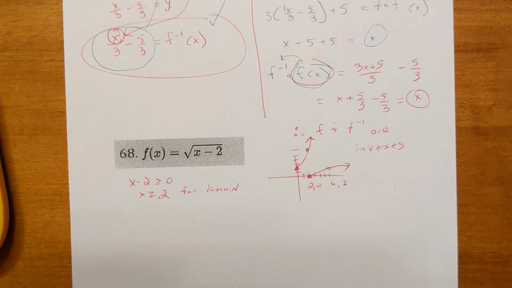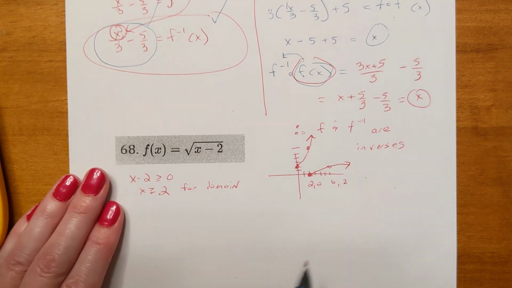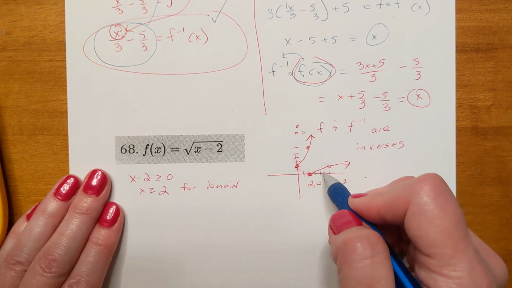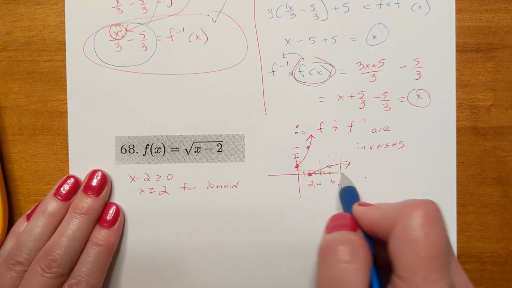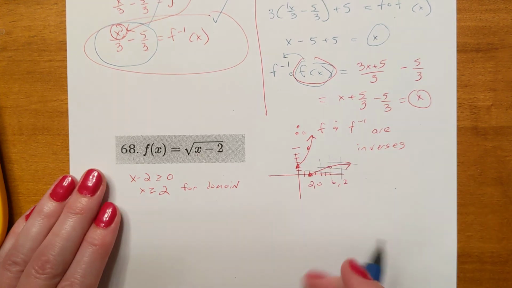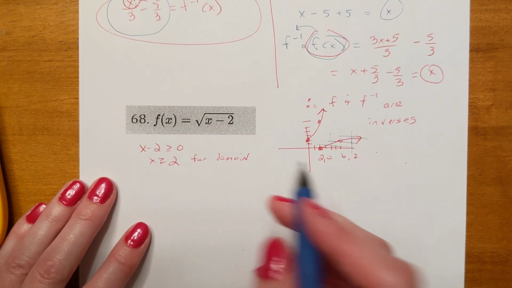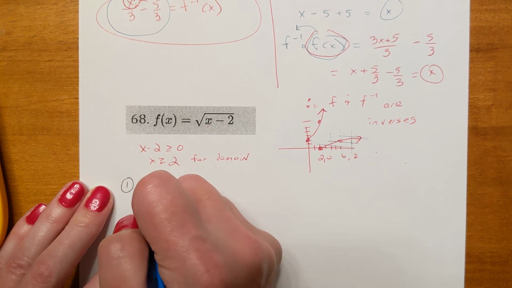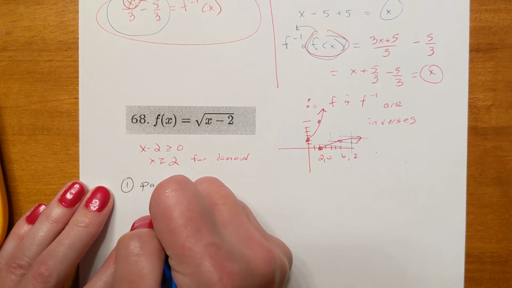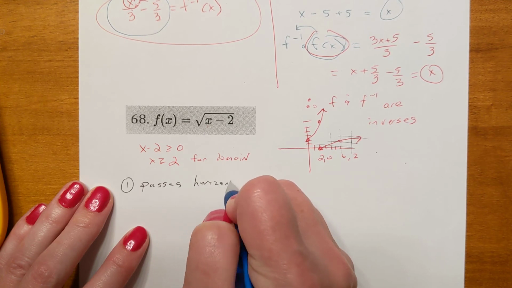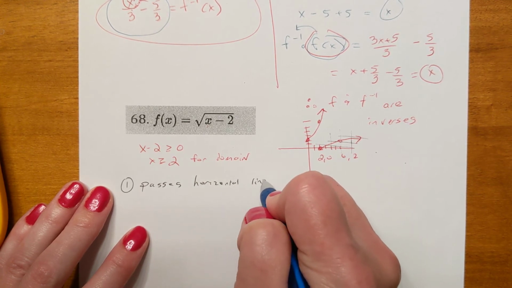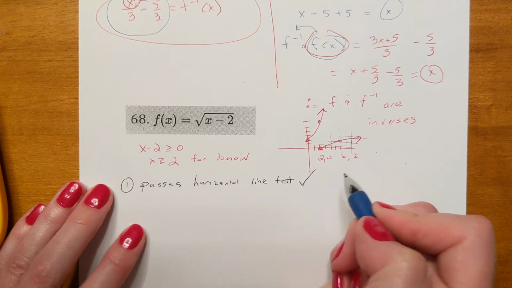All right, so again, since this original function is 1-to-1, because it passes the vertical line test and it also passes the horizontal line test, so I guess we should write that. So step 1, passes horizontal line test. Check, done.